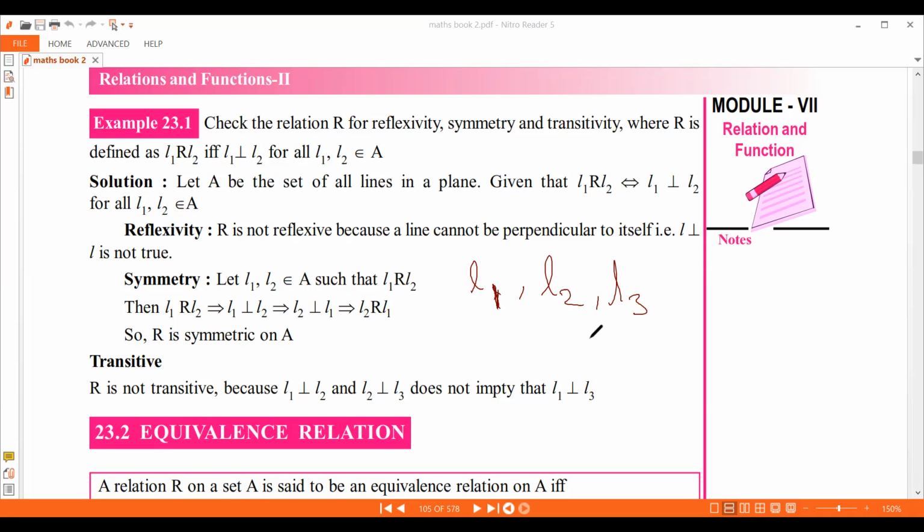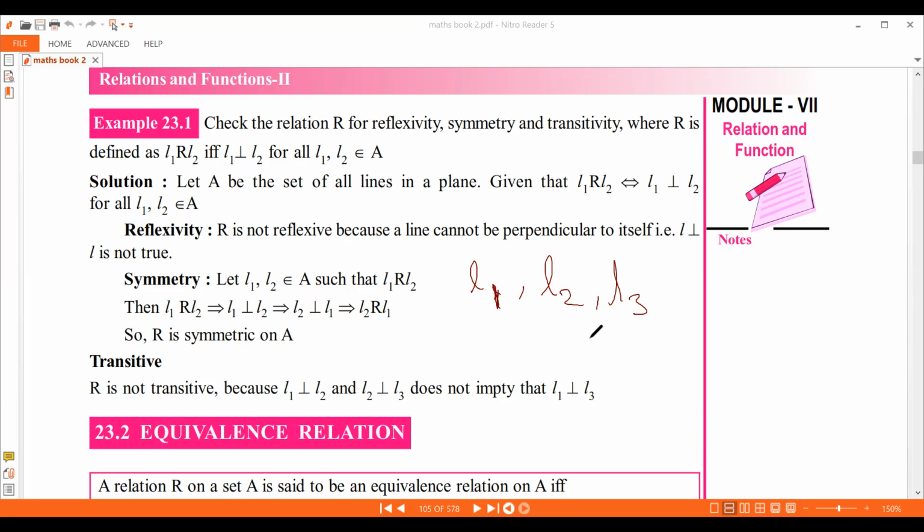So the doublet is missing, and that's the reason you don't have reflexivity. I am talking about reflexivity. You cannot find a doublet in this, because any line cannot be perpendicular to itself. So the reflexivity is gone.